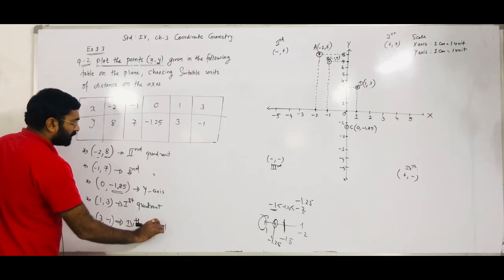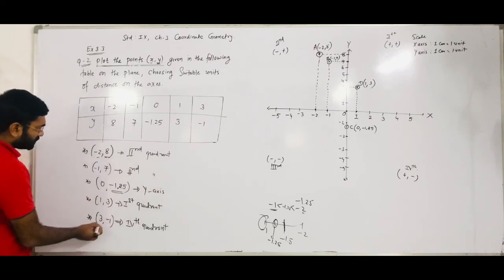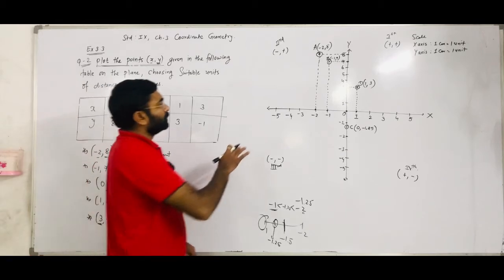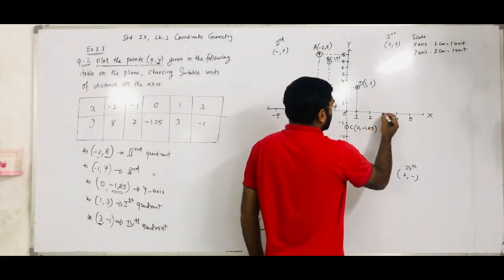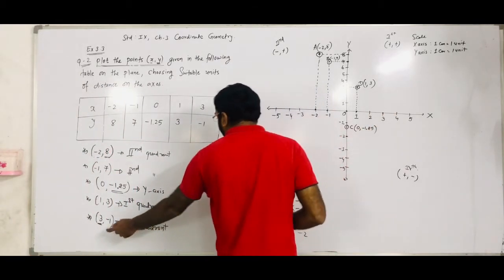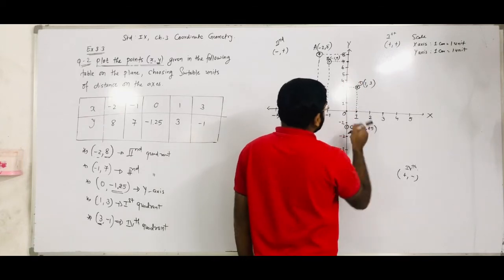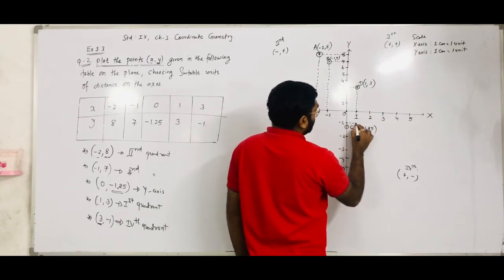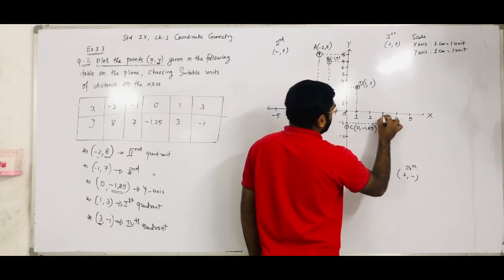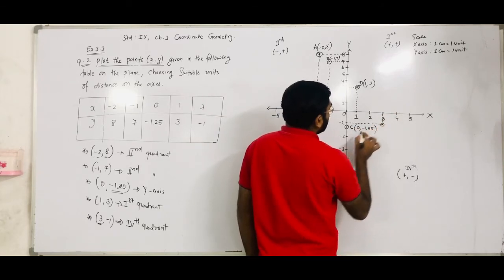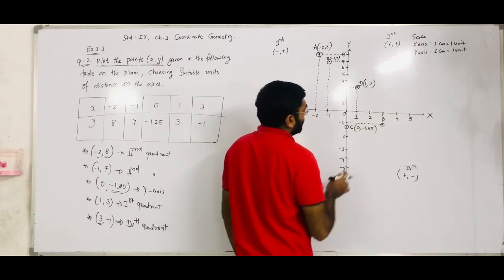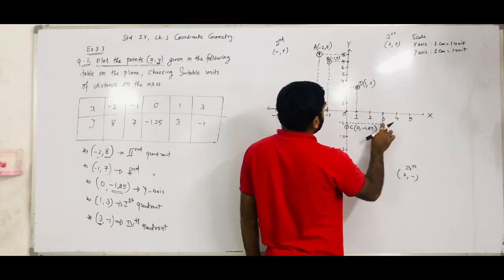Now how can we locate it on the plane? We have to observe the x coordinate. The x coordinate is 3, so on the x-axis we have to find the point x equal to 3. The y coordinate is minus 1, so on the y-axis minus 1 is here, right? From both the points we draw one perpendicular line each, and both lines intersect at that point.